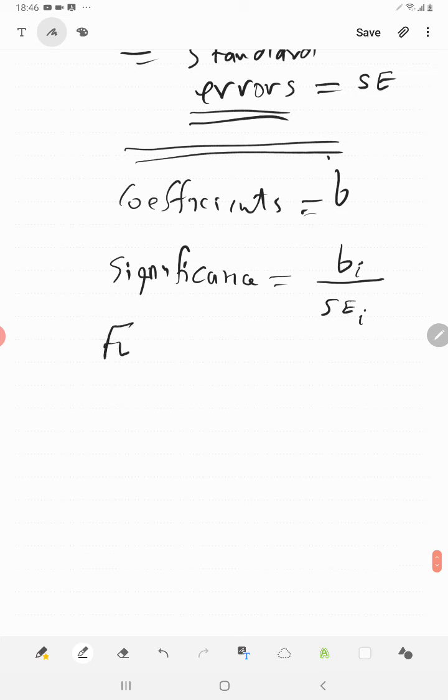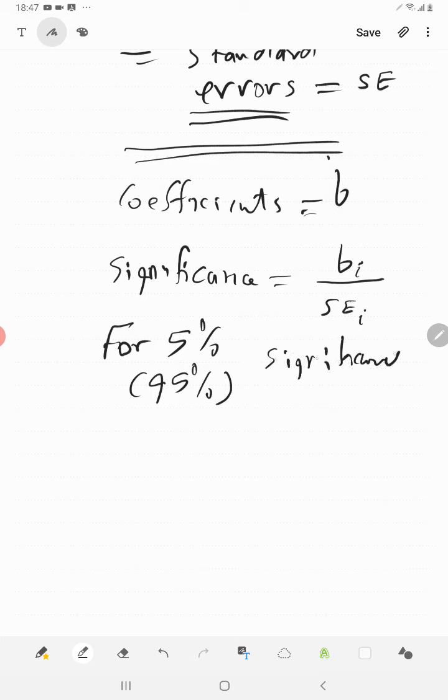For 5%, or 95%, significance means a 5% error, okay, B divided by SE of i greater than, say, 2.5, approximate.